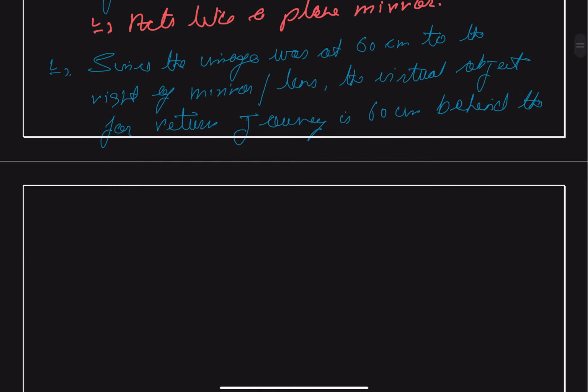Therefore we can write object distance, let us suppose we call that u prime, will be equal to plus 60 centimeters.